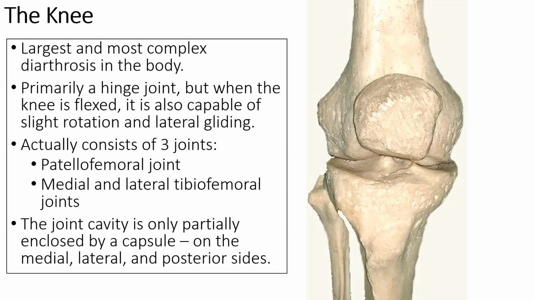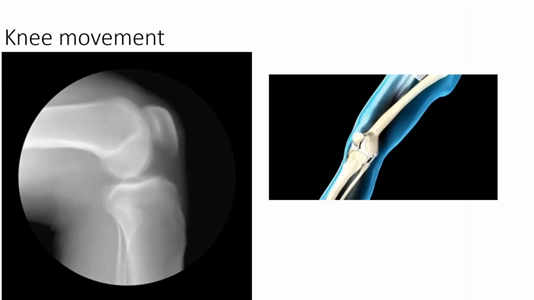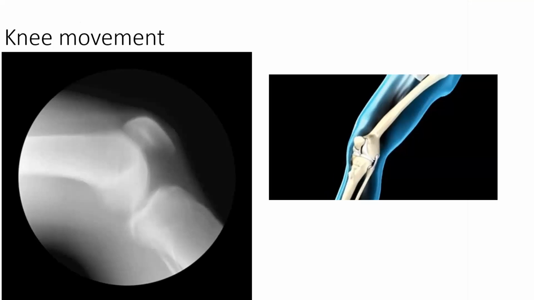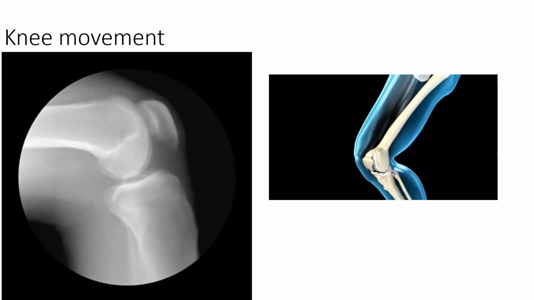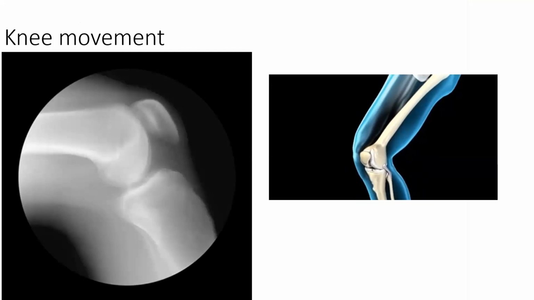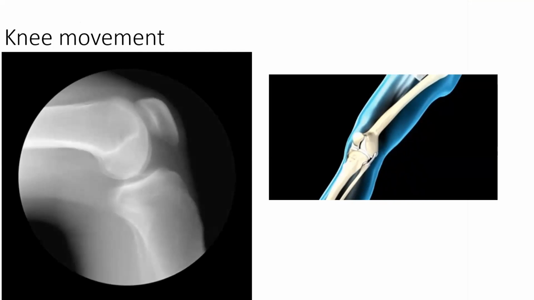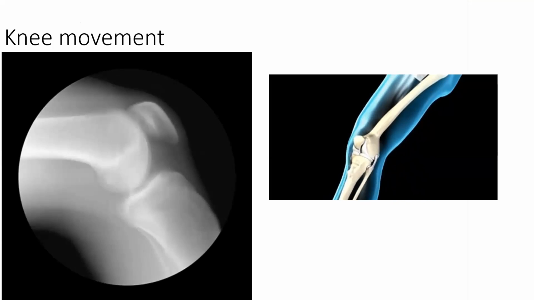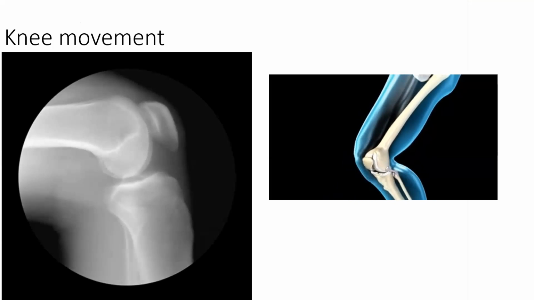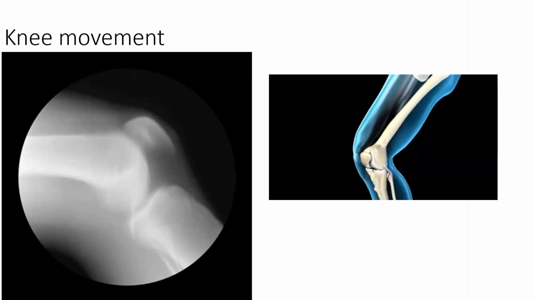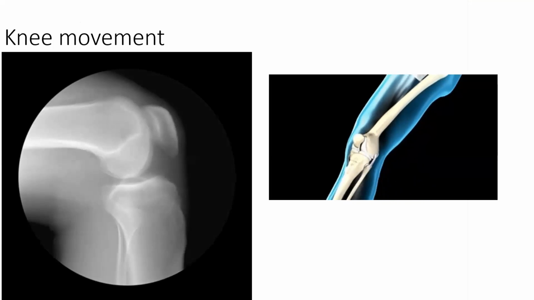It's only surrounded on the sides and the back. It's not surrounded on the front. So it's only a partial synovial joint. But we have great movement at our knee. It's mostly a hinge joint, but it can slide a little bit forward or backwards. It can slide a little side to side. But when I say a little, I mean a very little.